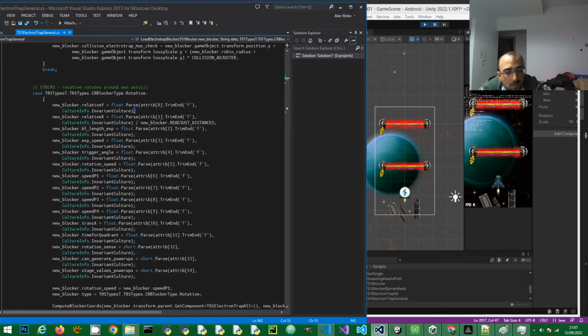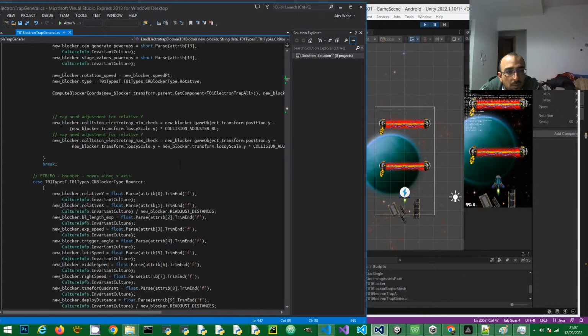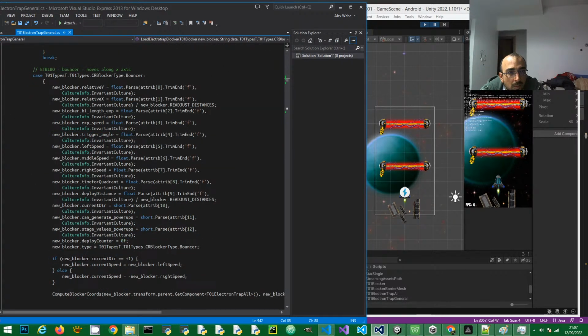Also this. Okay. So YX, the length expansion. Okay, so this is a simple bouncer.